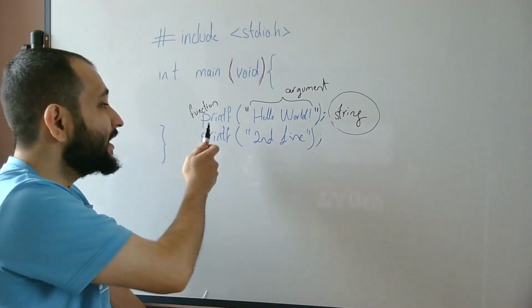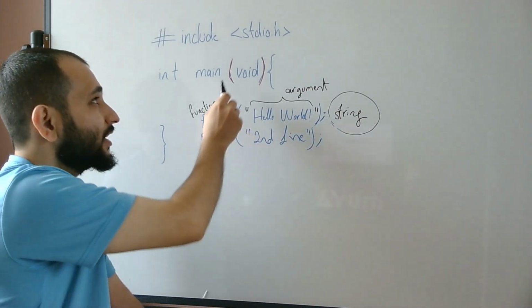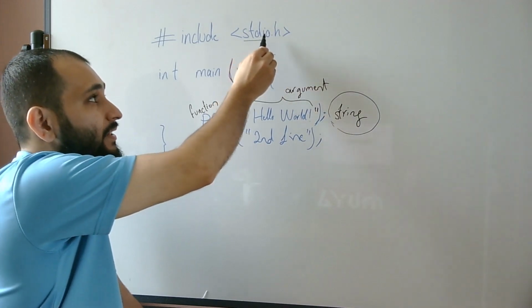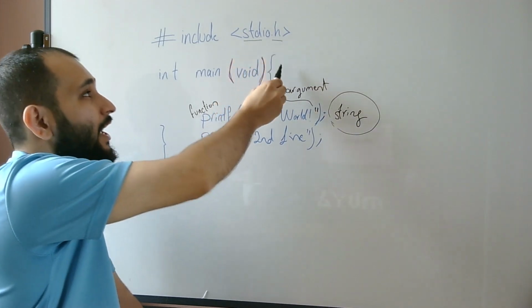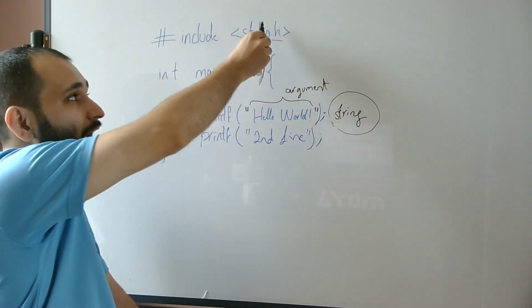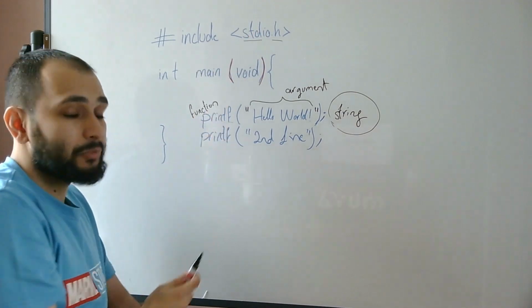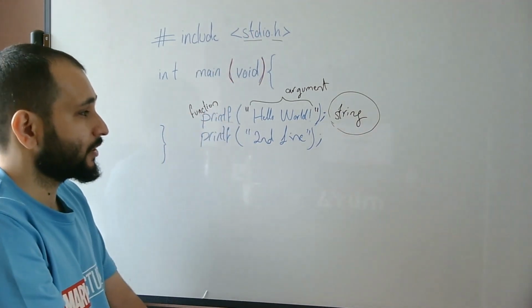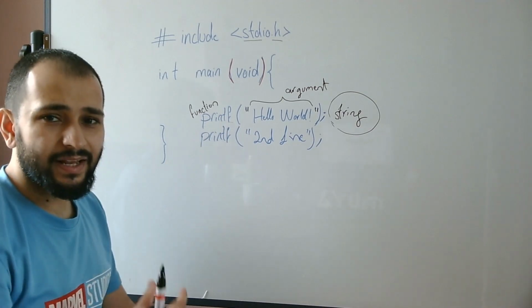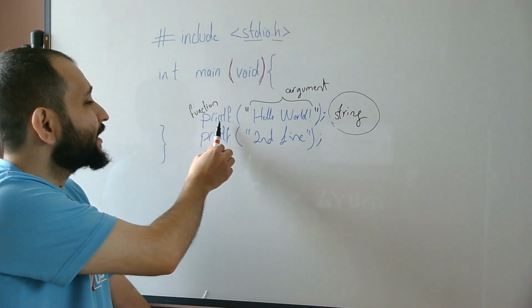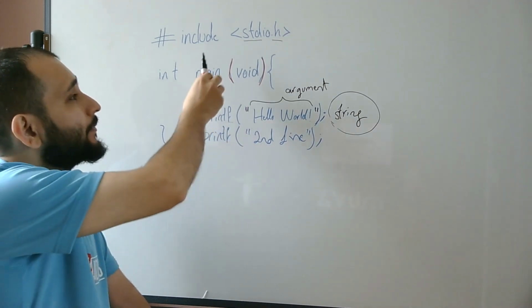The details of the printf function are included in this stdio, the standard input output header, and that's why, using this preprocessor directive, we have included this header in our program so that we can use the printf function.